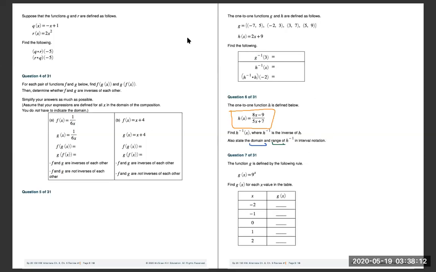Okay, so first thing to remember, actually, let's just find h inverse first. That's the best thing. Okay, so that's going to follow our same steps. The first thing, we're going to change h of x into y.